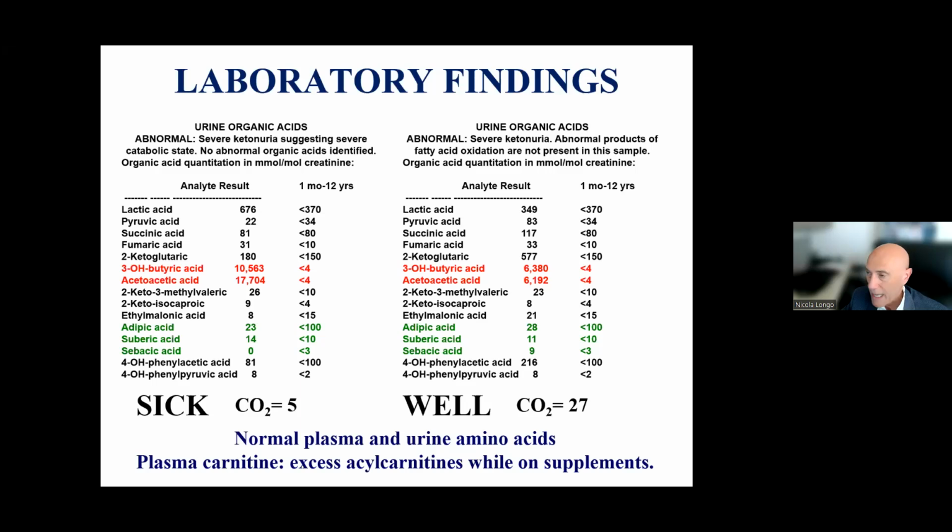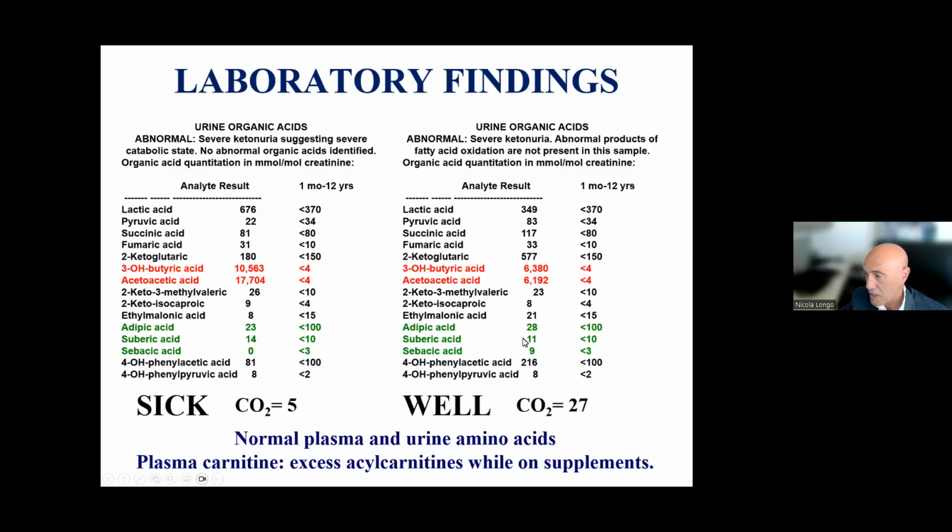And what happened is that you look at the urine organic acid. When the child is sick, look at the ketone bodies extremely high, and look at the adipic, suberic, and sebacic. They're pretty much normal. And when the child is sick, there is metabolic acidosis, the CO2 is 5. When well, you still see a lot of ketone.